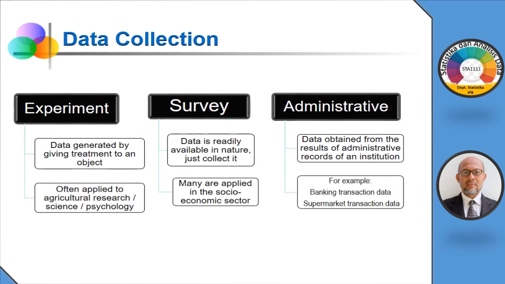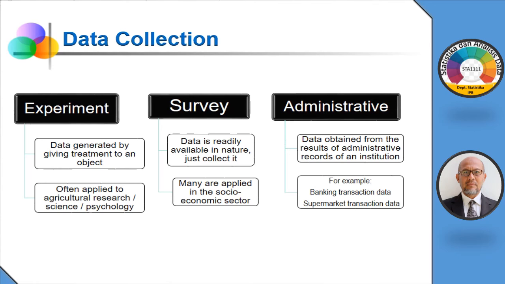And now we are talking about how we collect the data. There are at least three methods of collecting data. The first one is experiment. The second one is survey, and the third is administrative. Data collected through experiment means that the data is generated by giving treatment to an object.